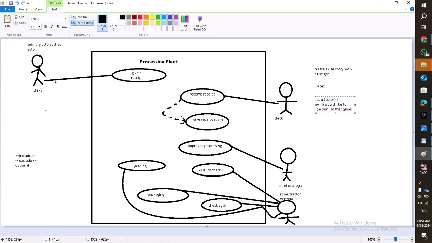This is the goal. The goal is to make you pass. Okay.